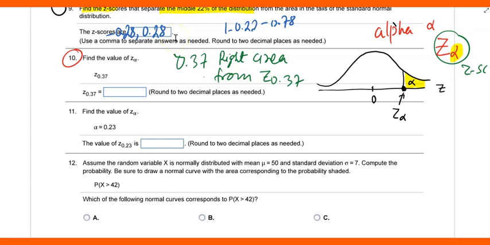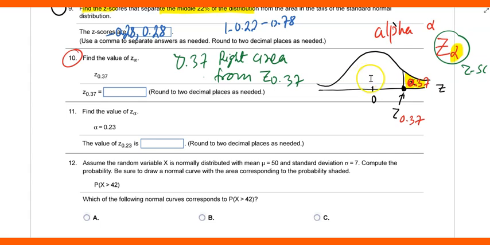Now let's answer question number 10. Find the value of Z alpha, where alpha is the area on the right of this point, and in this particular example alpha is 0.37. Therefore I'm looking for the point on this z line where the area on the right is 0.37.